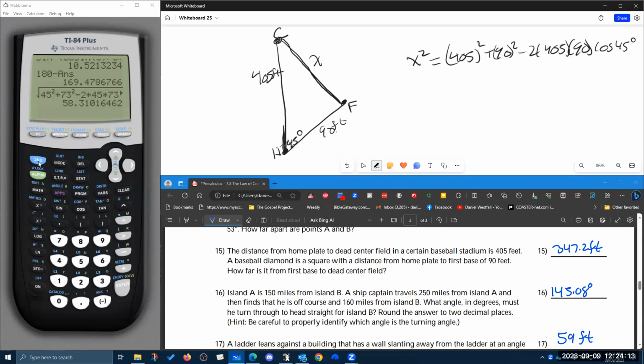So x is going to be the square root of all that. 405 squared plus 90 squared minus 2 times 405 times 90 times the cosine of 45 degrees. And we get x to be about 347.2 feet.